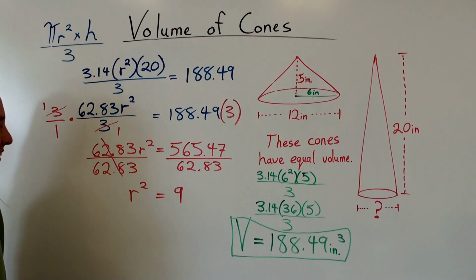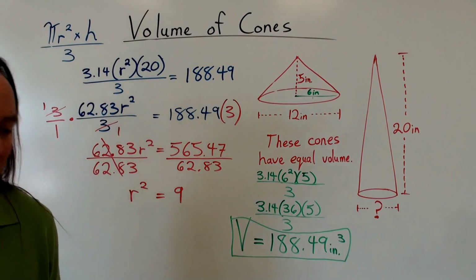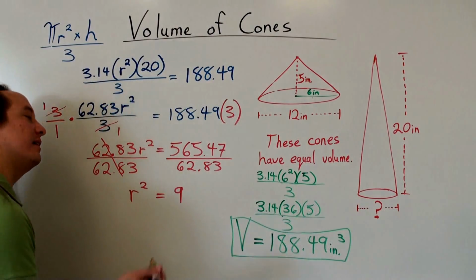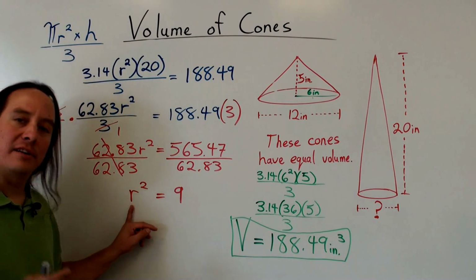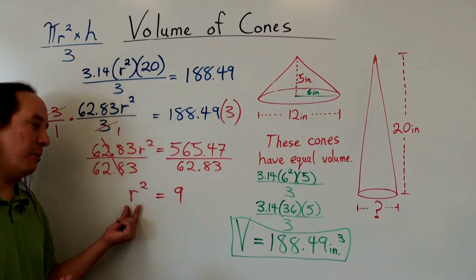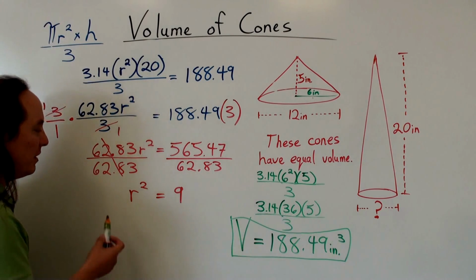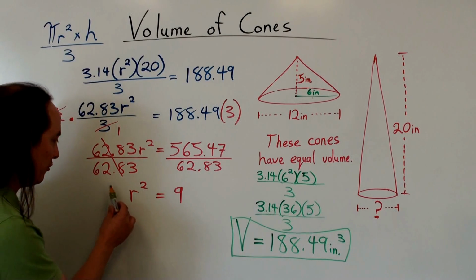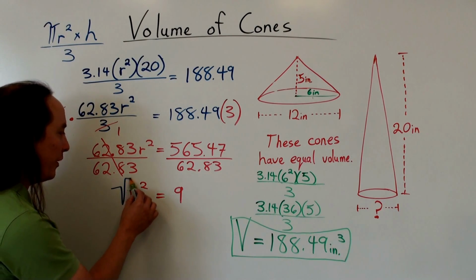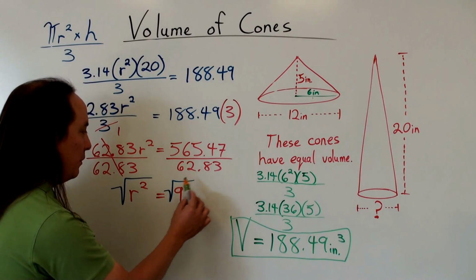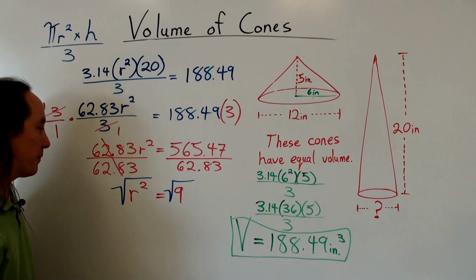All right, cool. And then we just have to do the square root. The square root of both sides. So this says r times r is equal to 9. What number multiplied by itself is equal to 9, right? But we're just going to show the process of how to do it algebraically. We have to take the square root to undo a number squared. We do what we do to one side, we do to the other side.